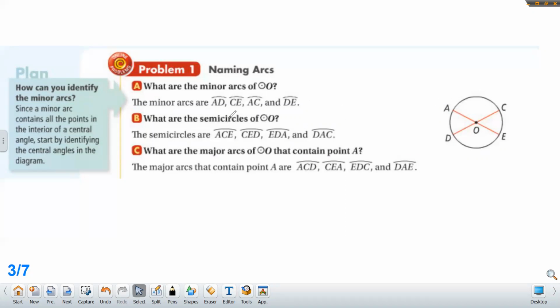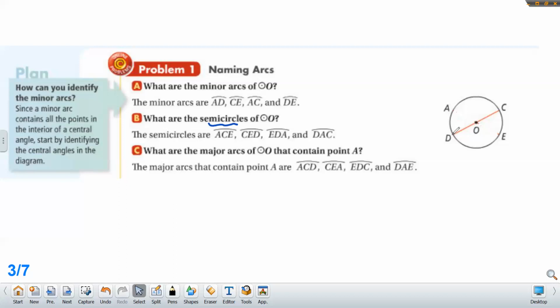If I want to work with the semicircle, I'm supposed to hide the other diameter. Any diameter divides my circle into equal parts. So if I have two diameters, I prefer to work with only one and hide the other one.